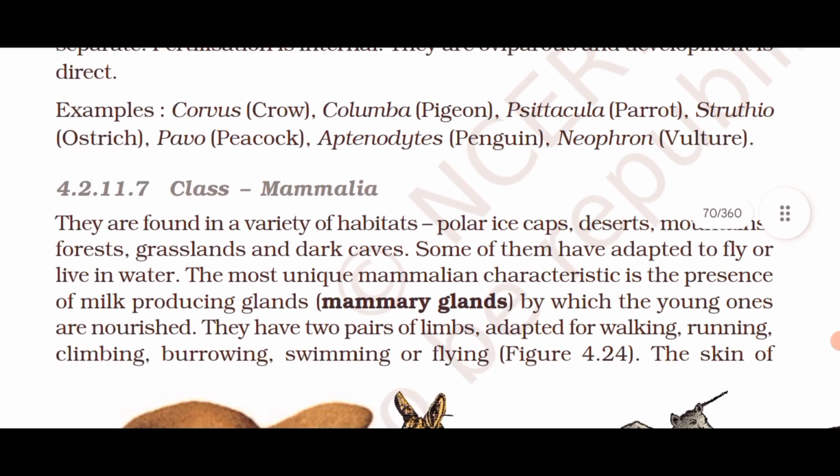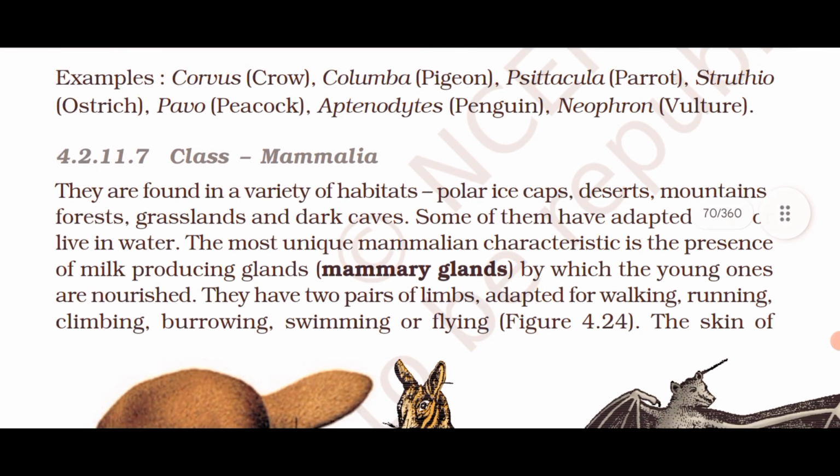4.2.11.7 Mammalia. They are found in a variety of habitats: polar ice caps, deserts, mountains, forest, grassland, and dark caves. Some of them have adapted to fly or live in water.